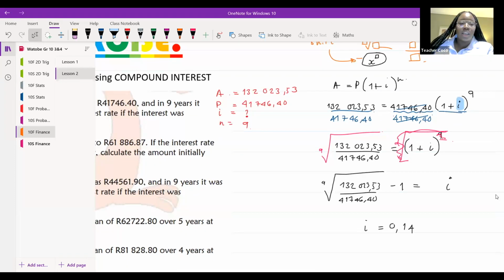Multiply by 100. Good. So our interest rate is equal to how much? 14%, ma'am. Beautifully done.